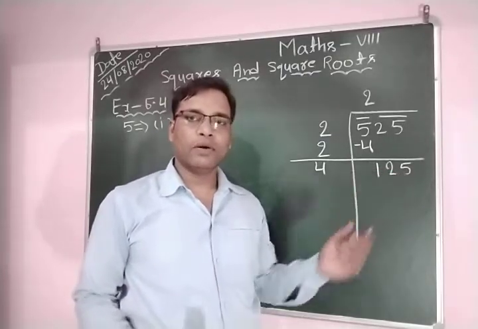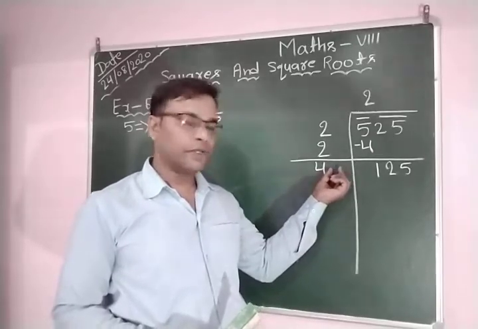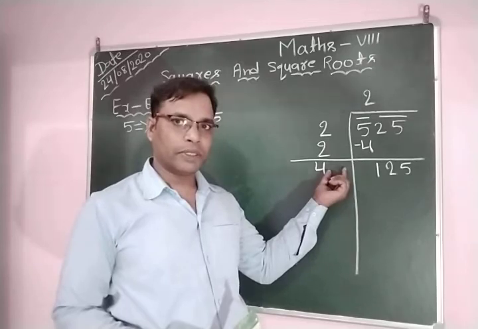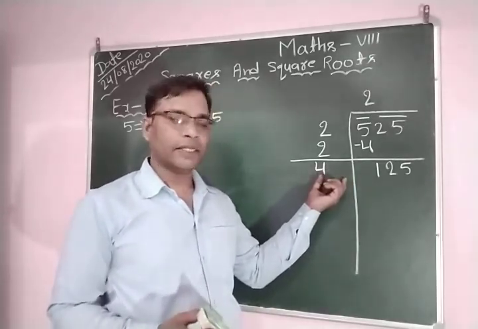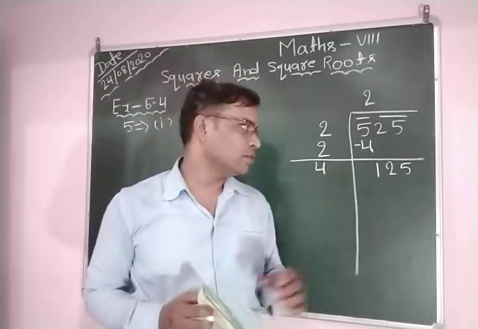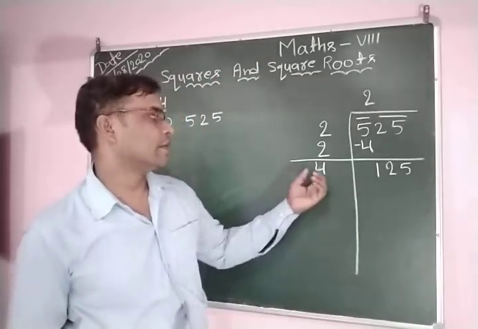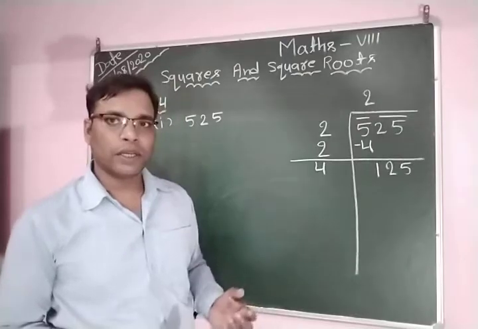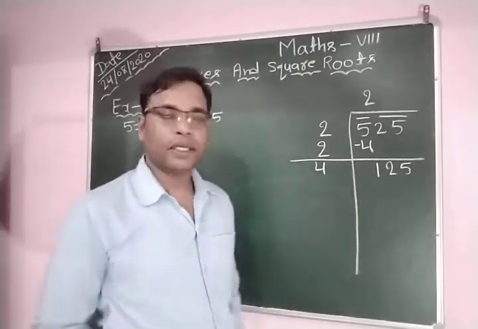Now we select the digit to put in the place we left, so that its product with the new divisor is less than or equal to the new dividend. How to know the digit? If we divide 12 by 4, we obtain 3, but we take 2 here.